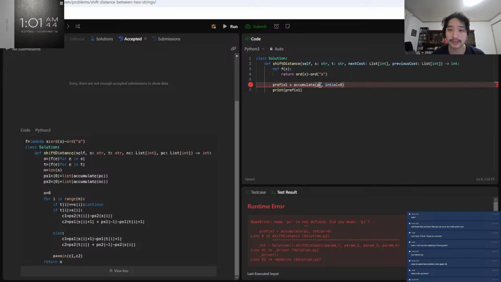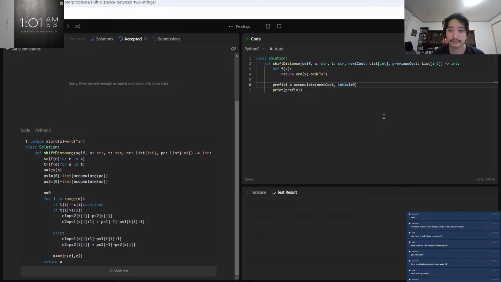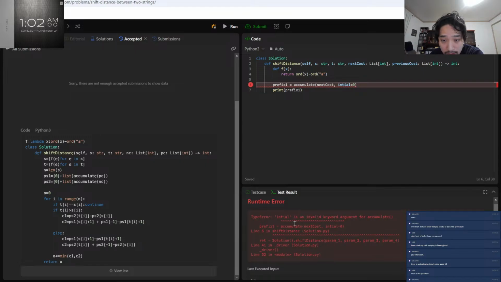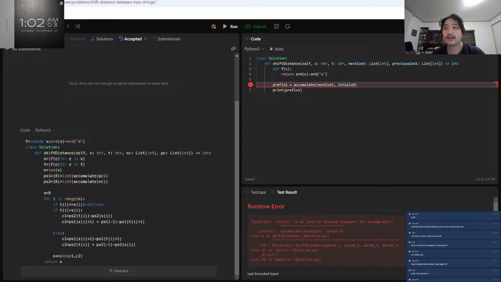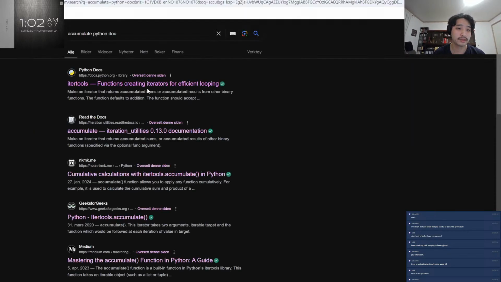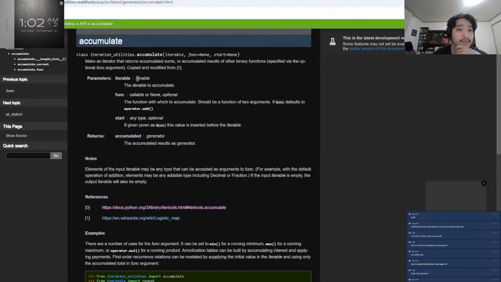Oh, it's not PC, it's itertools. I just want to check it works like that. Oh, it's not. I just wrote it. I just wanted to try it out. Oh, what?